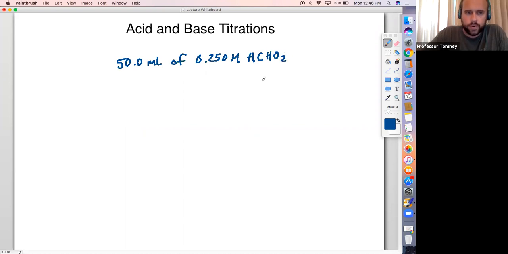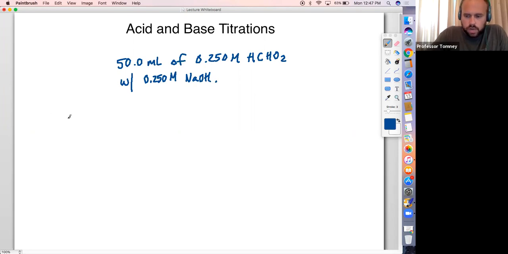This is a monoprotic acid. Okay, and we're going to titrate this with 0.250 molarity sodium hydroxide. All right, so what I'm going to do is go along and ask some questions here.